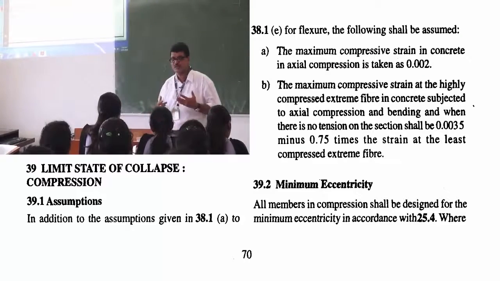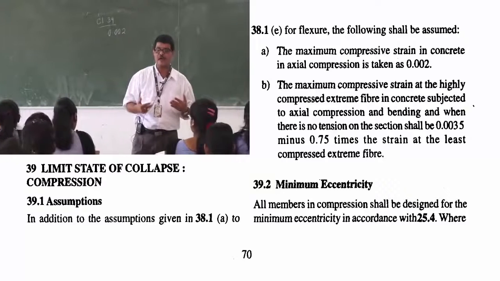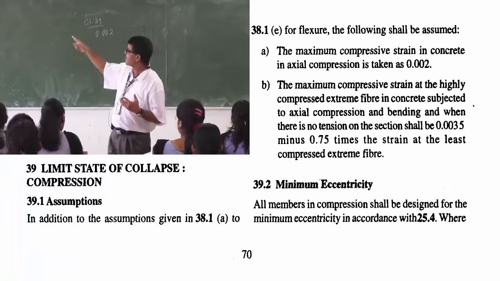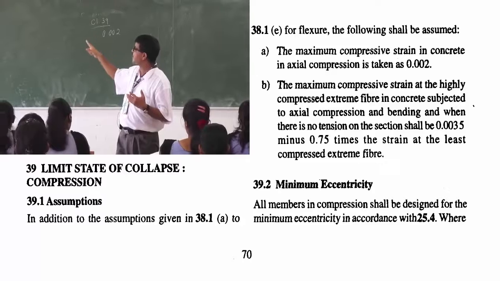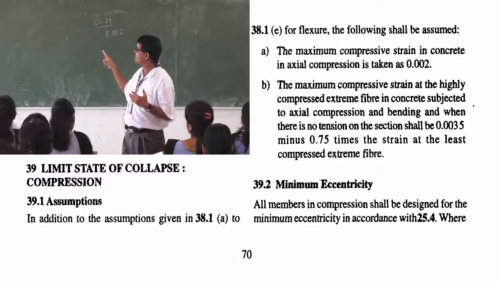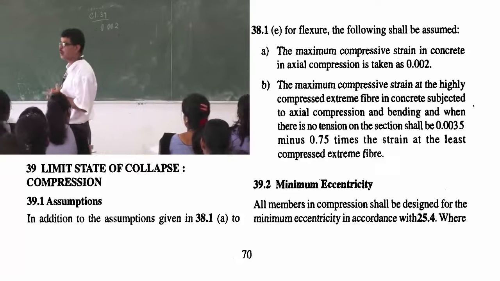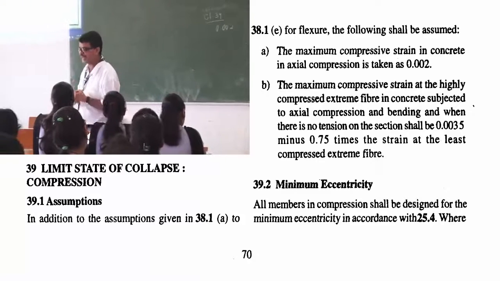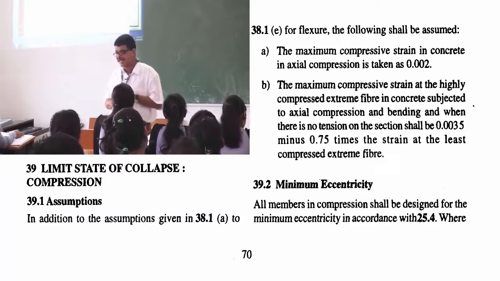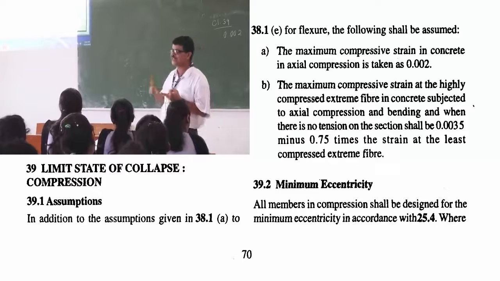So when it is subjected to axial compression plus bending, and there is no tension on the section, the maximum compressive strain shall be 0.0035, because 0.0035 is the maximum strain in bending in compression, minus 0.75 times the strain at the least compressed extreme fiber.